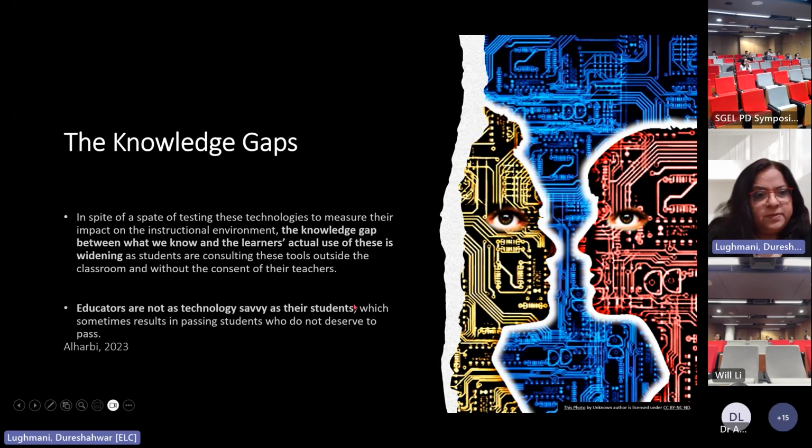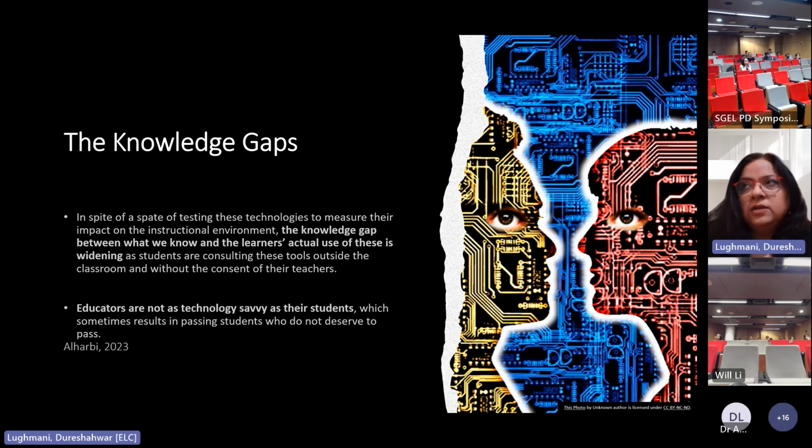There are knowledge gaps. For example, we don't know how learners actually use the technologies. What kind of impact? How do we measure the impact on instructional environment? We go into our classrooms and we want to teach writing, but are students willing to learn what we teach?